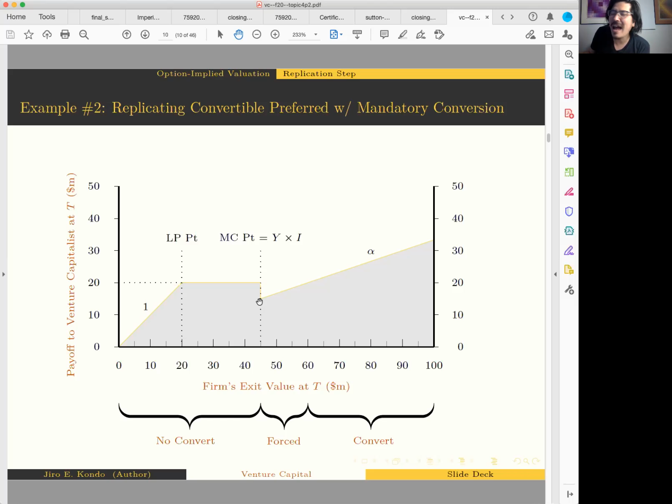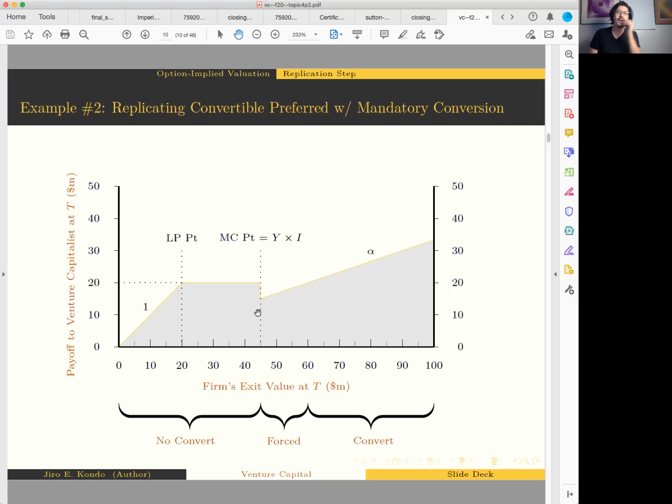And then now we have a change in slope at this exact same point because the slope goes from 0 to alpha. So what do we need to do? Also at 45, we need to go long alpha units of the call option with strike price 45. Make sense? And then we're done.